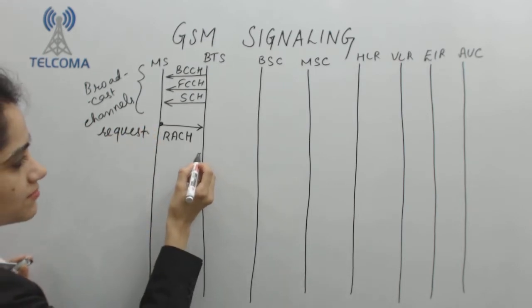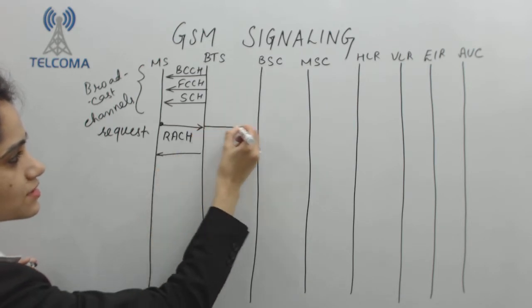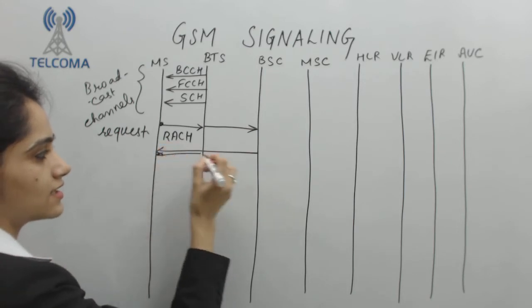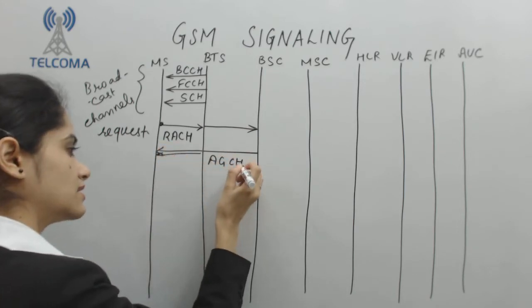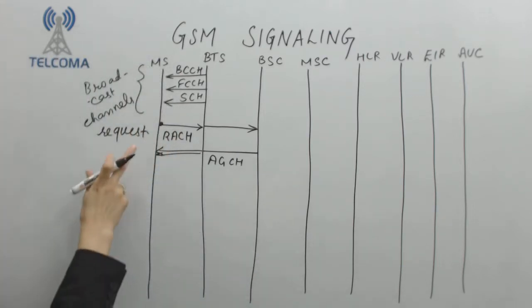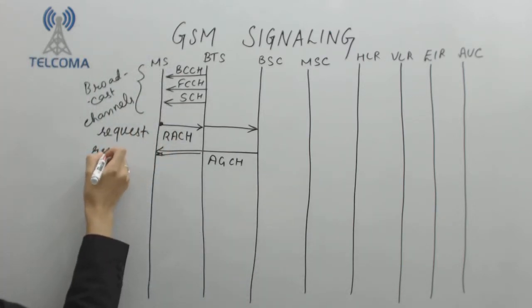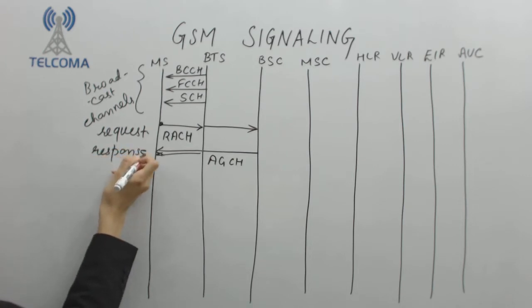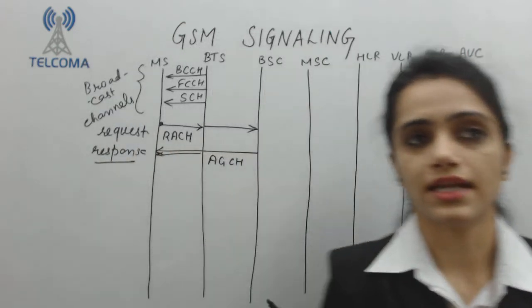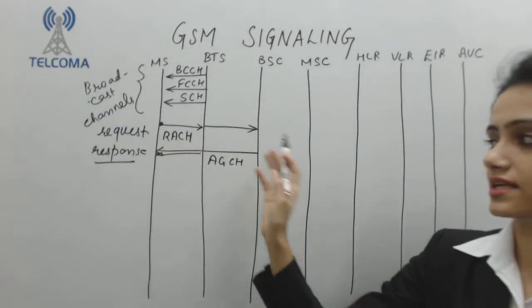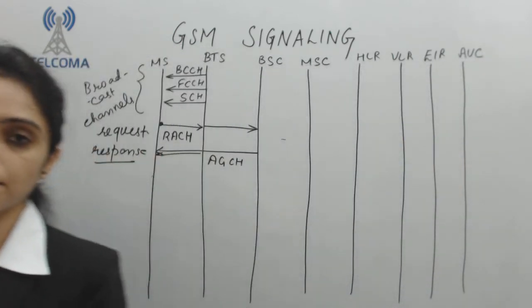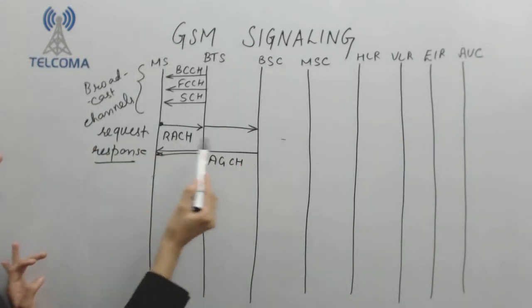Now this BTS will give me access. This request will be forwarded to BSC. Now BSC will give me access, and that is AGCH, that means access grant channel. So I can say that I have requested for something and in response I'm getting the things. So request and response messages will flow: I have forwarded a request, then I am getting a response message back with the help of the AGCH channel.